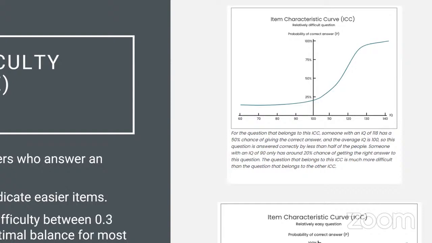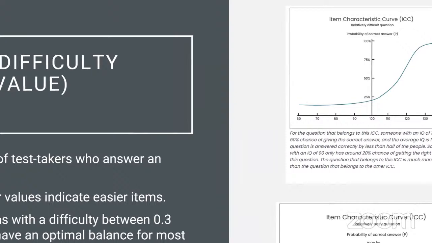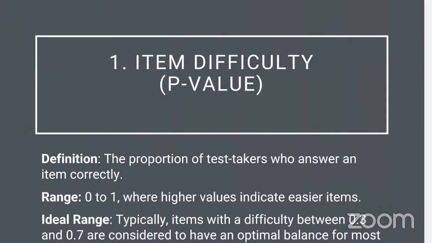Now, when we analyze the item, there are different properties. One property is item difficulty.